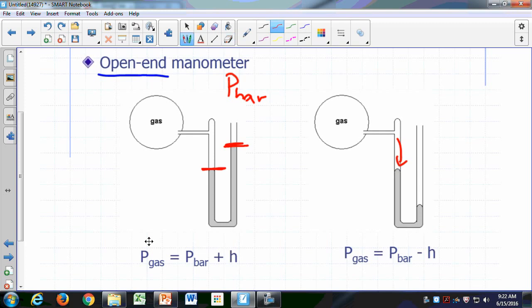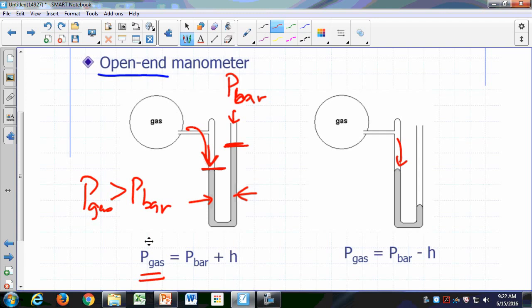Bar meaning barometric, right? Think of it this way: if you have two people pushing on this column right here, who's pushing it harder, the gas or the atmosphere? The gas is pushing harder than the atmosphere. So we say that the pressure of the gas here would be higher than the barometric pressure.